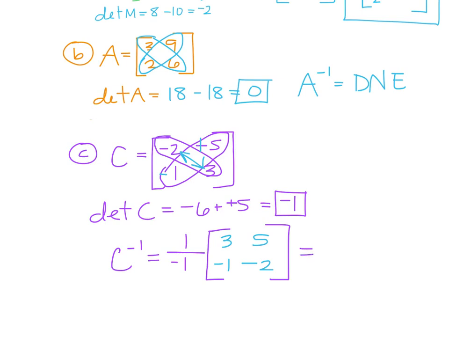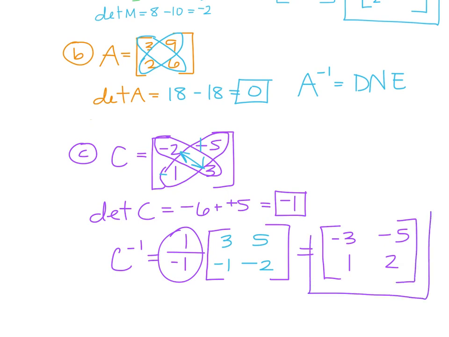Okay, and this is -1, right? So basically you're taking the opposite of everything. So this is going to be a -3, a -5, a +1, and a +2. And that is the inverse of that.